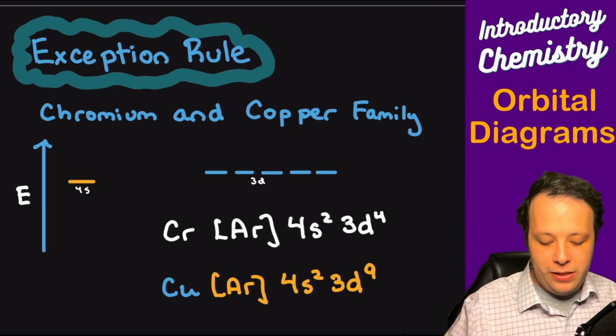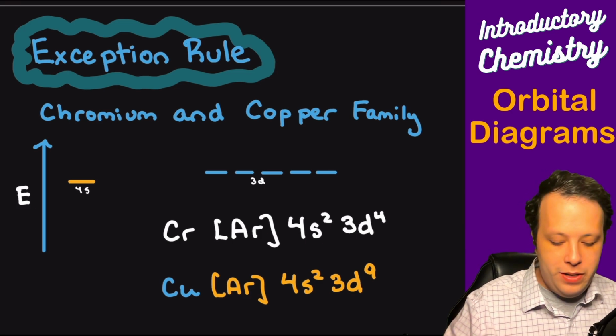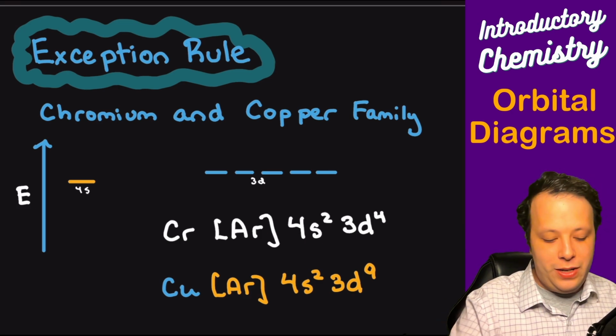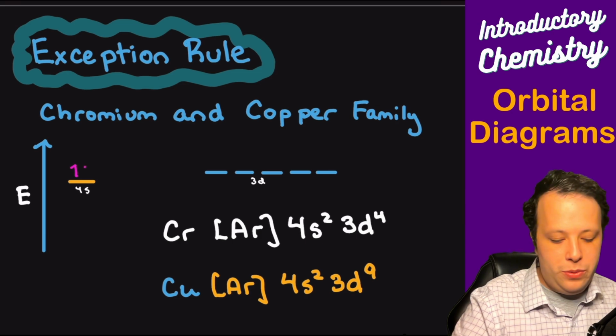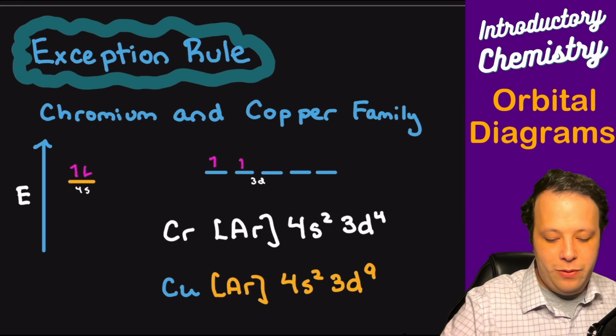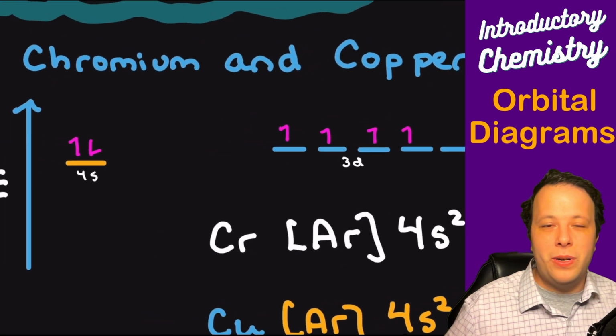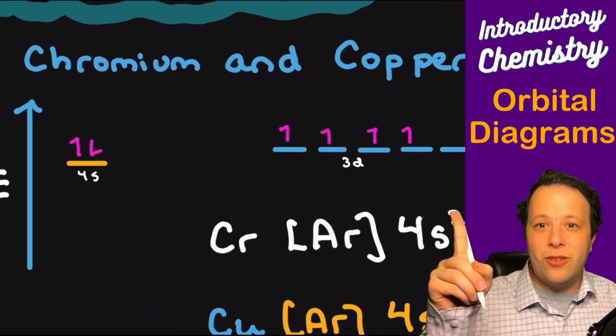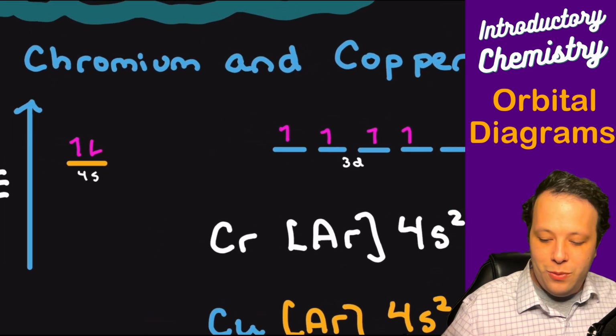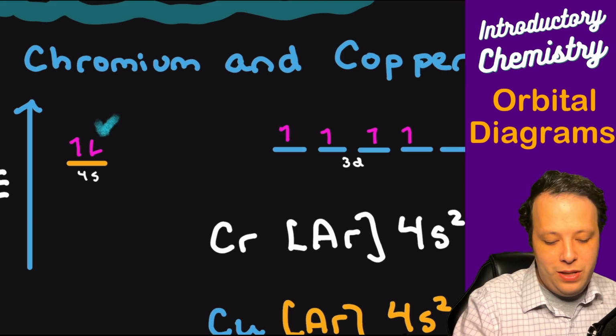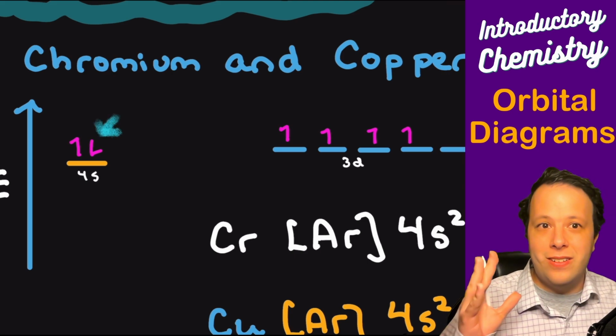So let's say we look at the first one, which is chromium. I wrote its noble gas configuration here, which is 4s2 3d4. Now, if you notice with the degeneracy here, I wrote we have 4 electrons by themselves, and we have these 2 electrons over here that are together.